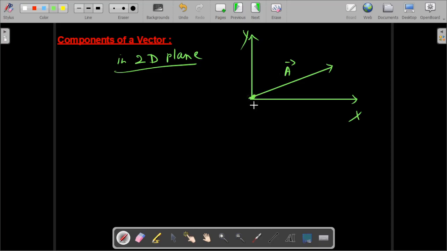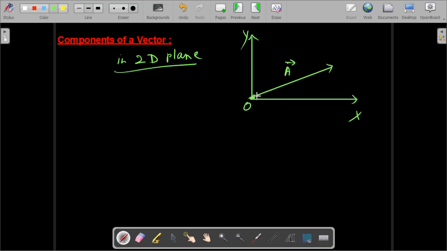The origin of this vector is the origin of the frame. Now we are going to write this A vector into two components. How can we write?